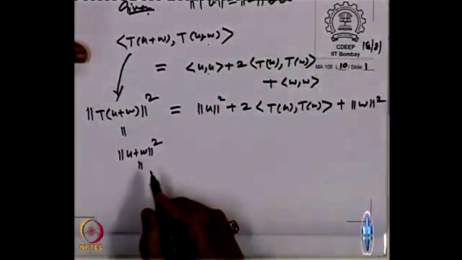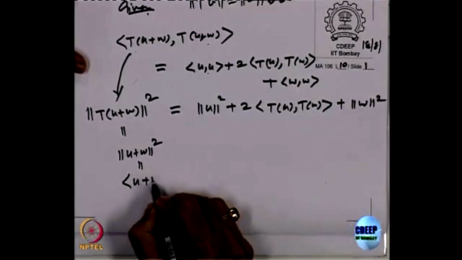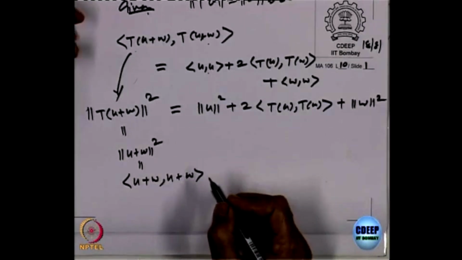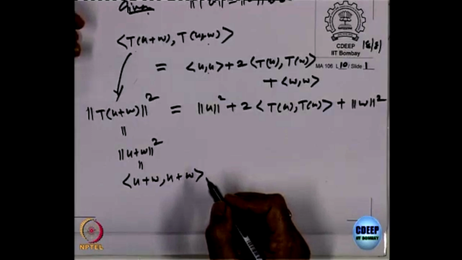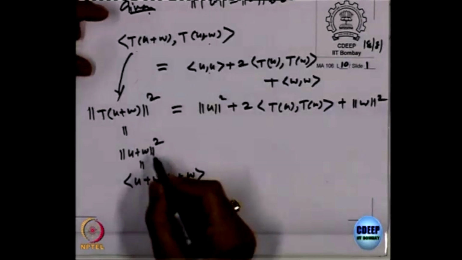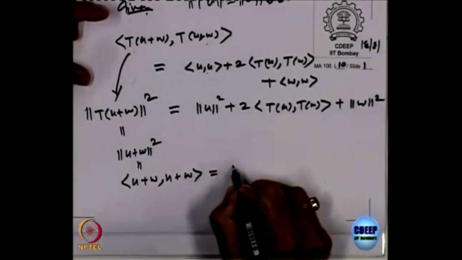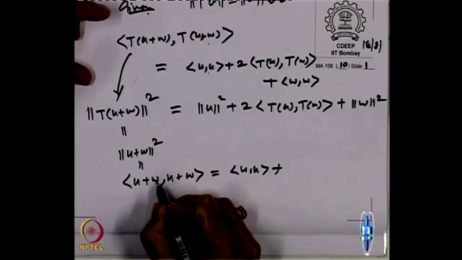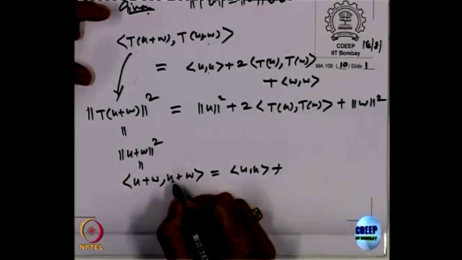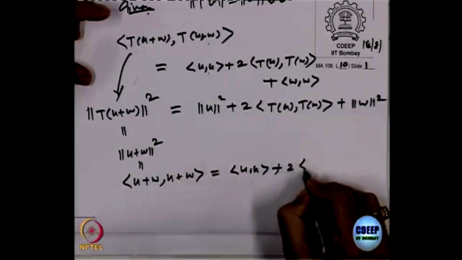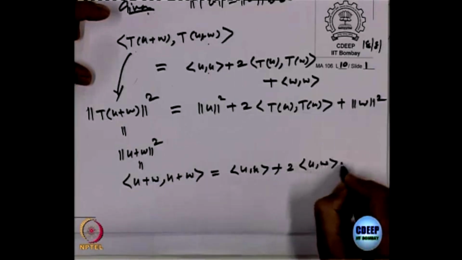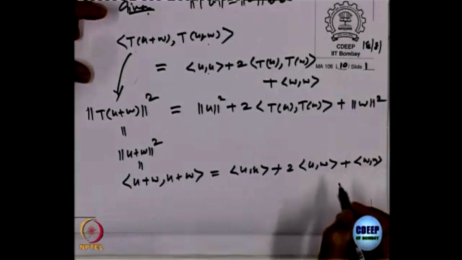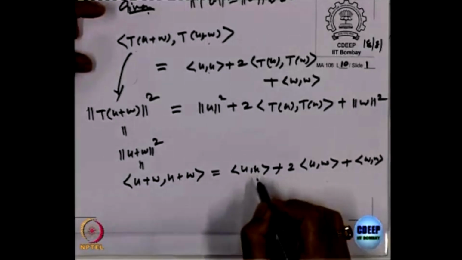So what is that equal to? I can write it as the inner product of u plus w with u plus w, the norm squared, is it okay? So what is that equal to? That is the inner product of u with u, plus one will give you the inner product of w with u and the other, that is 2 times the inner product of u with w, plus the inner product of w with w, right, 4 terms.